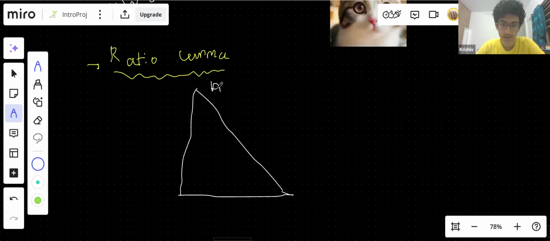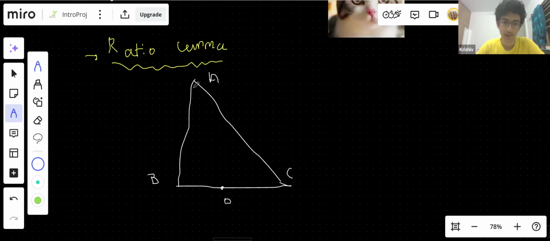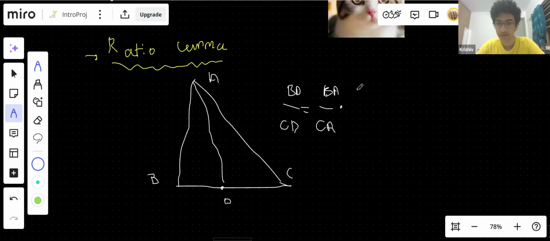and what the ratio lemma says is, for any point D on BC, using the sine rule on ABD and ACD, we get that BD over CD is BA over CA times sine of BAD over sine of CAD.